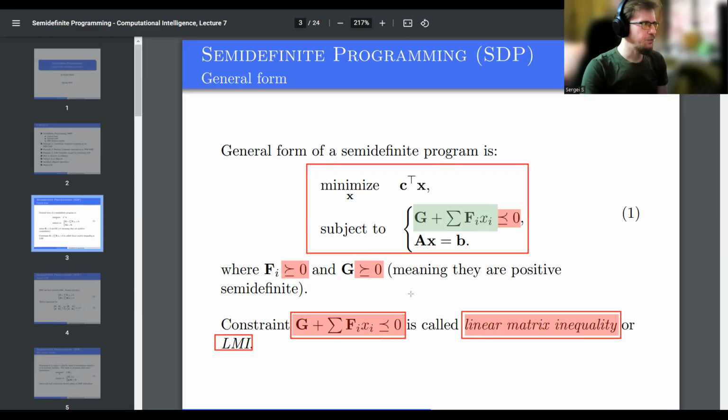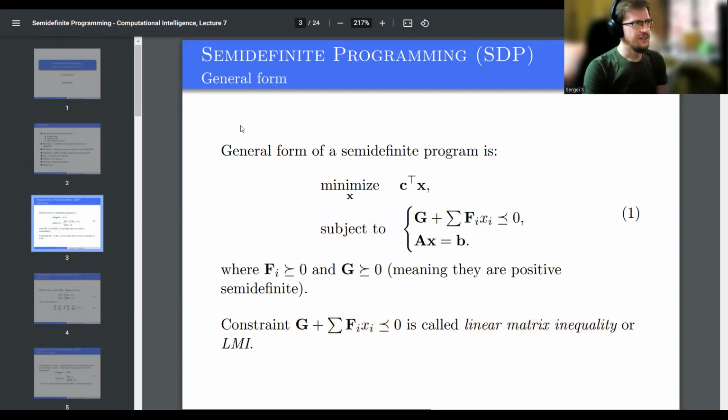I'm sorry for belaboring this point so much, but it's important to keep in mind that LMI is a keyword that you need to use when approaching this problem. It would be incorrect to call this whole thing LMI, because this is not an LMI. LMI is the constraint. LMI is here, right? Whereas this whole thing is SDP. So just don't let it skew you. You have to Google LMIs, not SDPs, when you look for, for example, control-related information about those things.